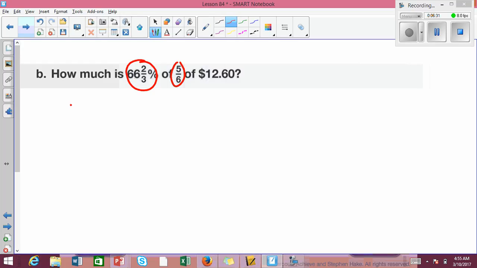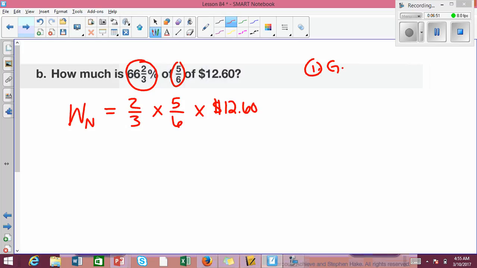So we're going to rewrite it: how much is means equals. 66 2/3% as a fraction, remember, is 2/3. Of is multiplication, 5/6 of $12.60. So up here would be our given.